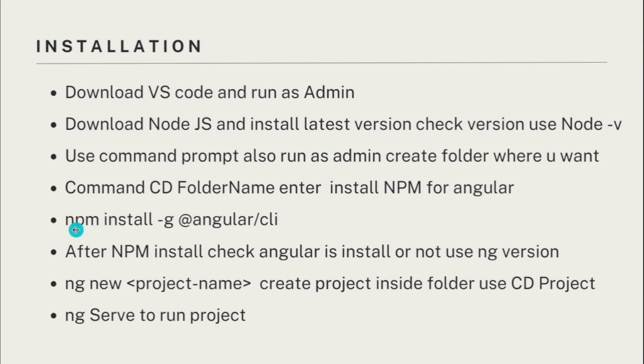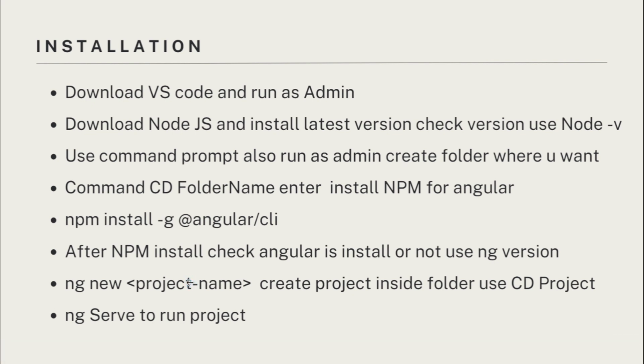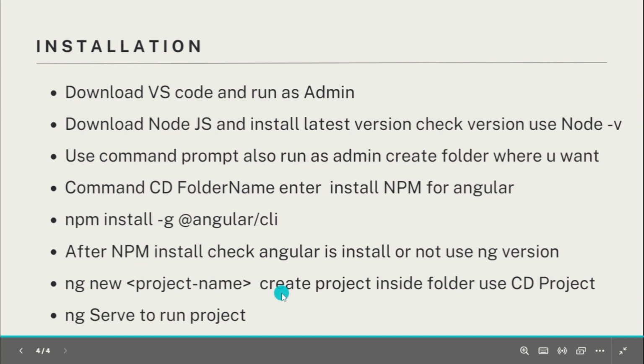Then use npm to install Angular, and after that we are going to create our project with a project name, and we are going to see how everything runs from code and Visual Studio, one by one.